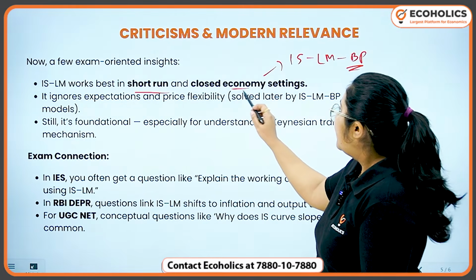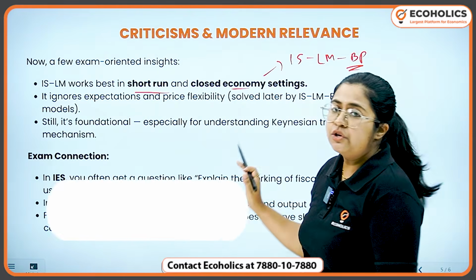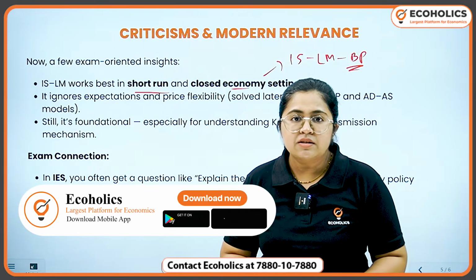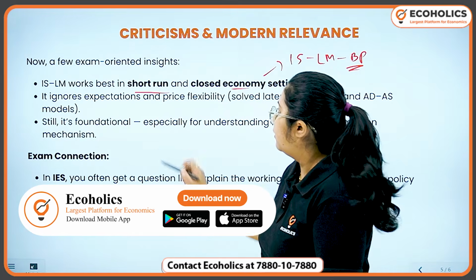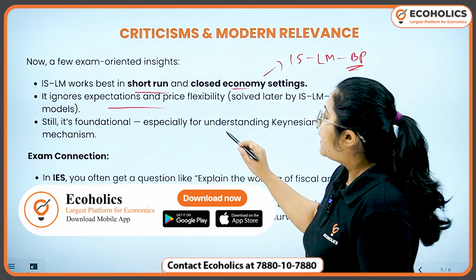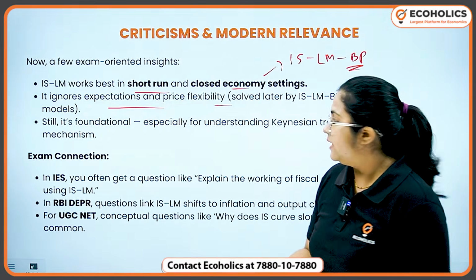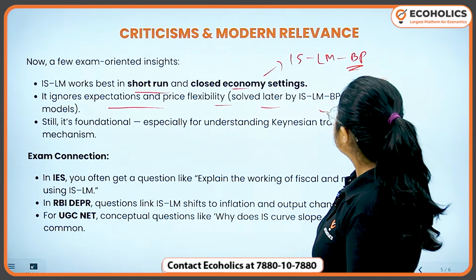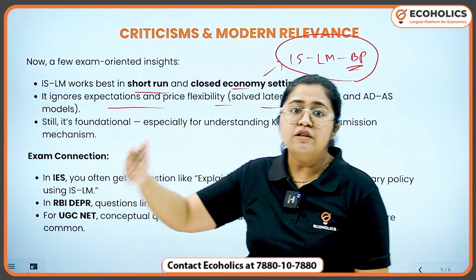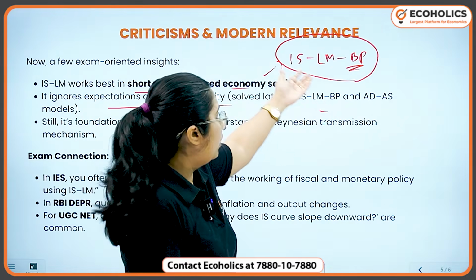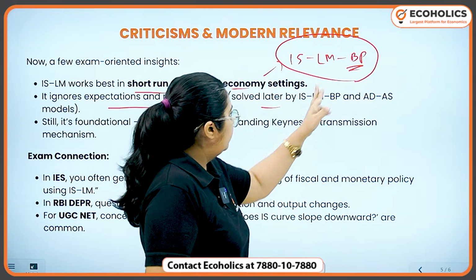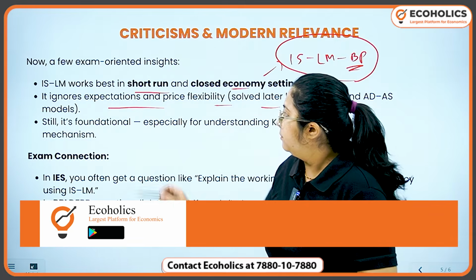So short run and closed economy are prime characteristics of the ISLM model. Also, it ignores expectations and price flexibility, which was later solved by the balance of payments concept that also got integrated with this particular concept.